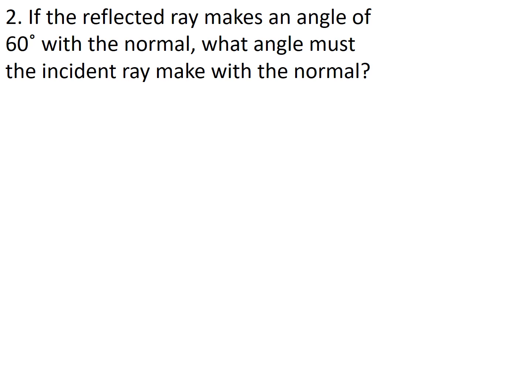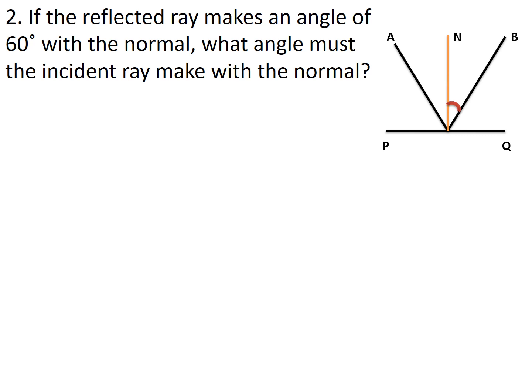So I finished reading it. Now I have to draw the diagram. Mirror, incident ray, reflected ray, normal. Alright. Now I need to just show in the diagram what is being given in the numerical. It's telling me the reflected ray, here my reflected ray is BO or OB.